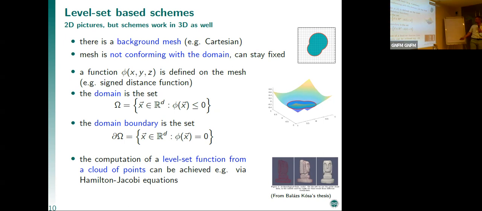It's probably not very visible, but I've just stolen a picture from a poster from a conference. This is from a PhD thesis written a few years ago, but there are many places in the literature where it is described how you can therefore move from the cloud of points to the level set representation of the object. So I'm not gonna be concerned with this step here.